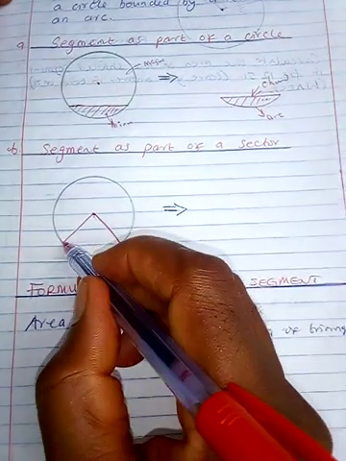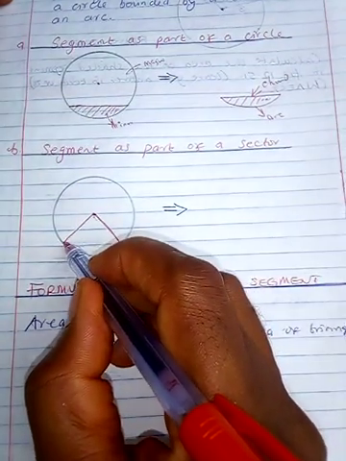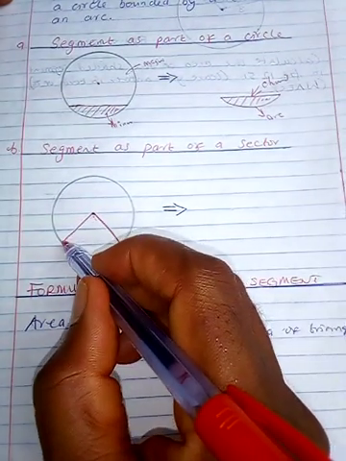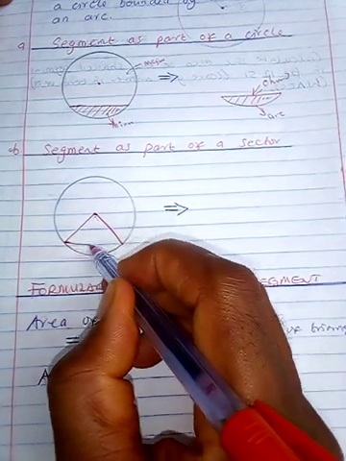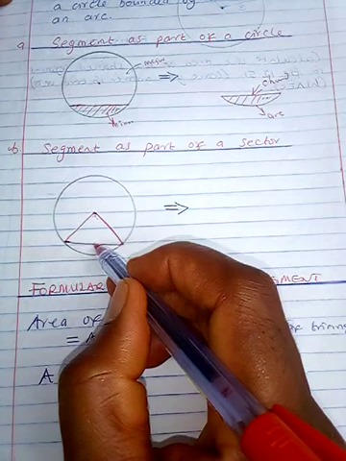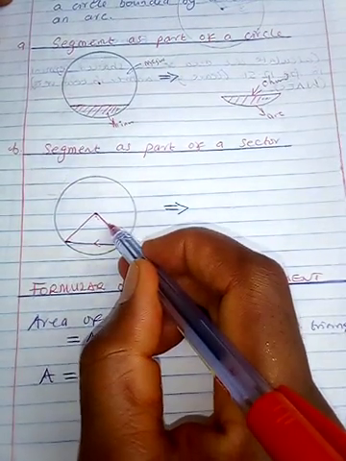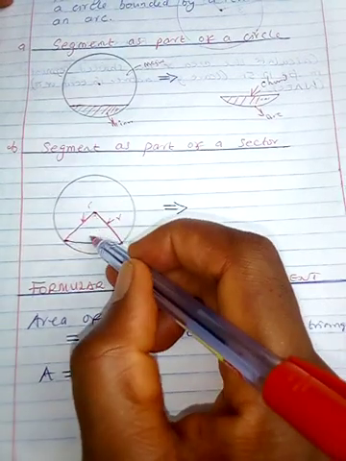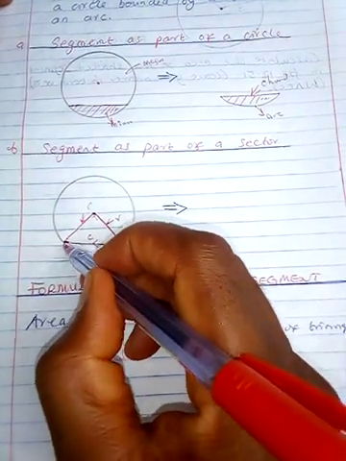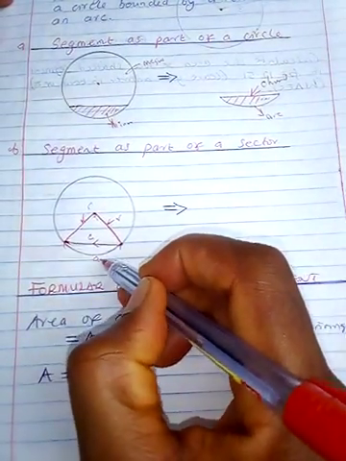And then if there is a line connecting the points at which the radii touch the circumference of the circle, if you construct it like this, this is a chord, this is a radius, this is a radius, and from here to here, this is the arc of the circle.